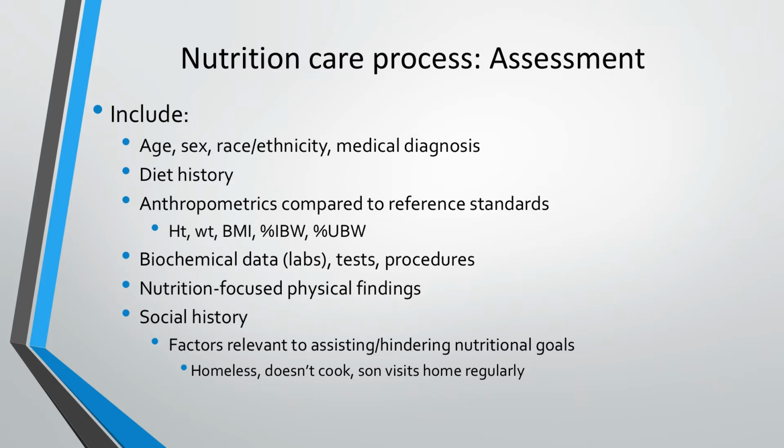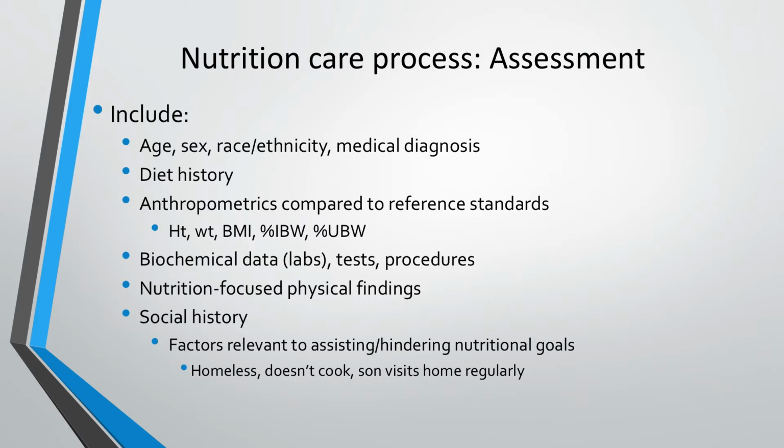The computer may calculate BMI for you, or you'll have to do it, but often that's used as a screener to see who might qualify for rapid dietitian assessment. Percent ideal body weight and percent usual body weight. The percent usual body weight can sometimes be calculated from previous admission information, but oftentimes you have to ask the patient if they've lost or gained weight in the recent past.